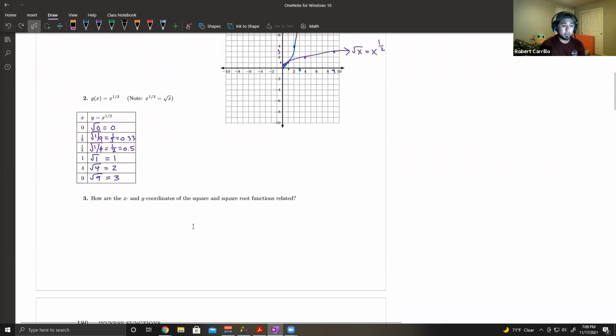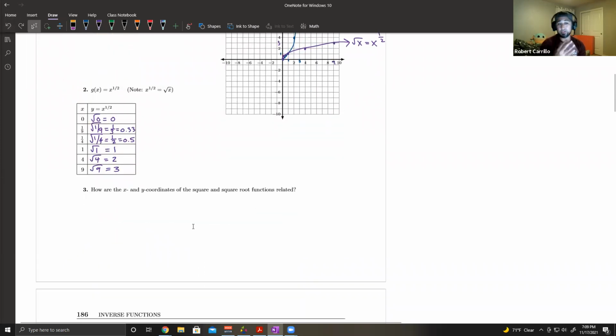Okay, so to answer 3, it says, how are the x and y coordinates of the square function and the square root function related? We say that the x and y coordinates are swapped.